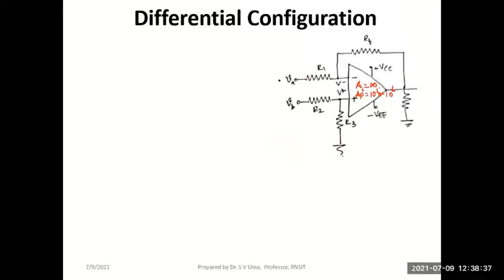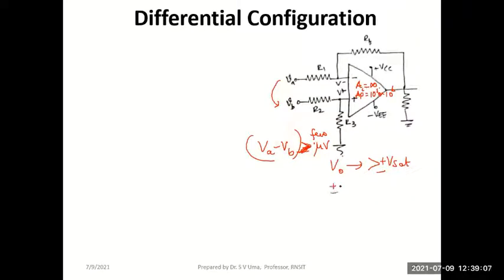even when there is a very small difference, this VA minus VB, even when it is in microvolts or a little greater than a few microvolts, the output V0 will exceed the saturation voltage.